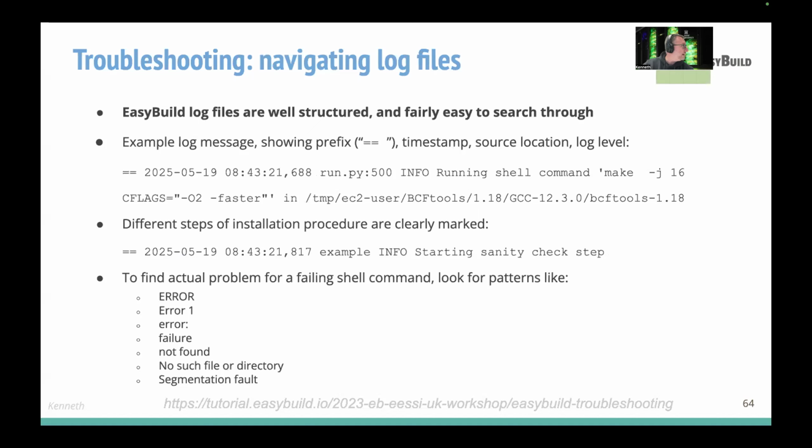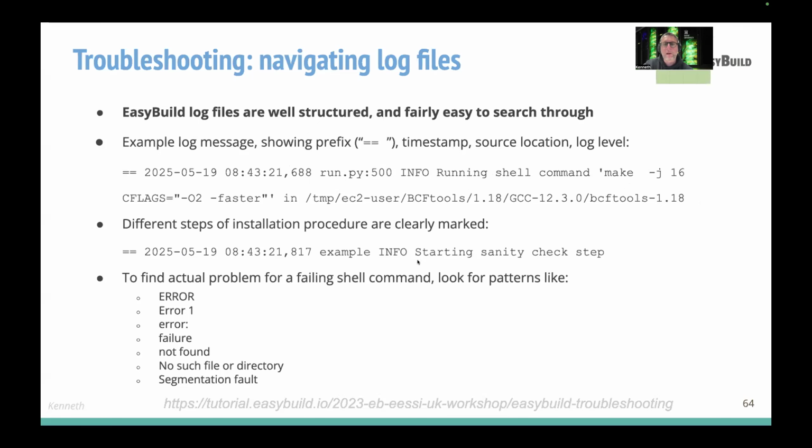So navigating those log files can be a bit challenging, but they have a very particular structure. Every log message that EasyBuild emits has a date stamp and a timestamp. It also tells you from which part of the EasyBuild framework the log message was emitted and which line. And then usually you have some pretty useful log message that tells you something useful, and also often in which location, for example, a shell command was run.